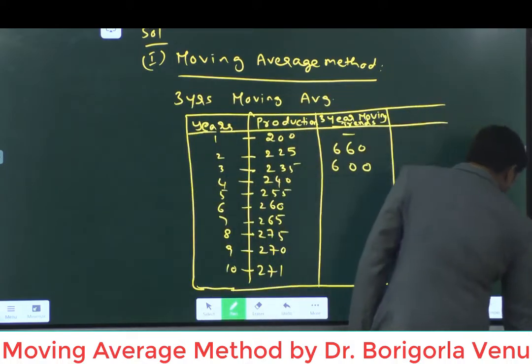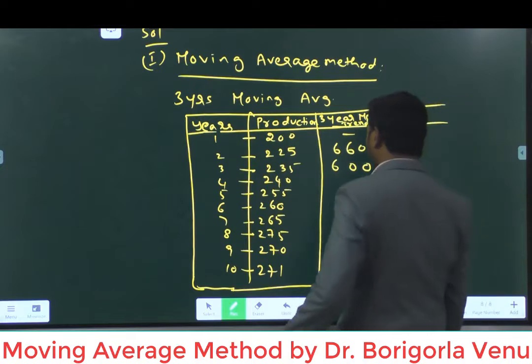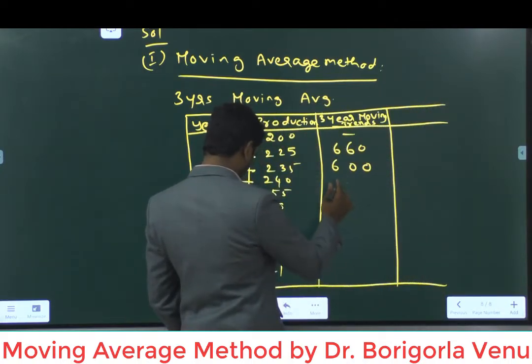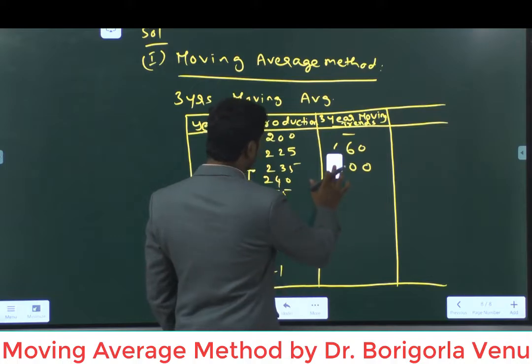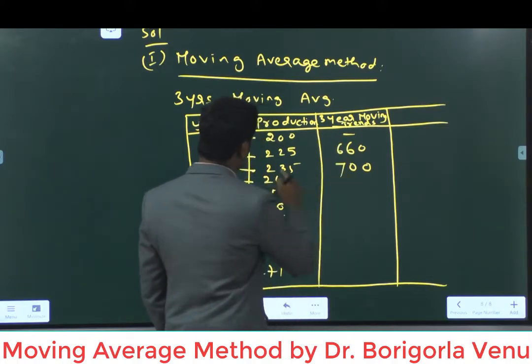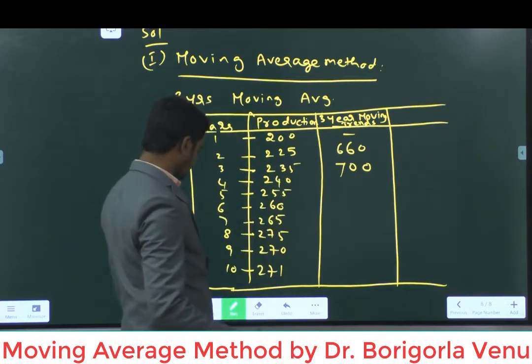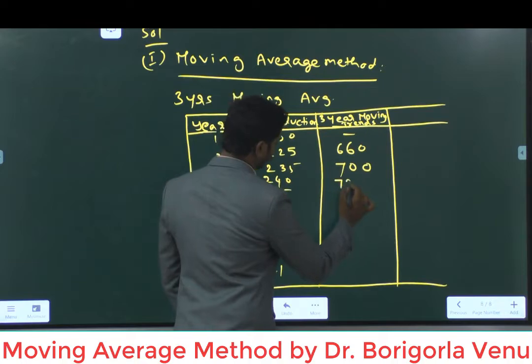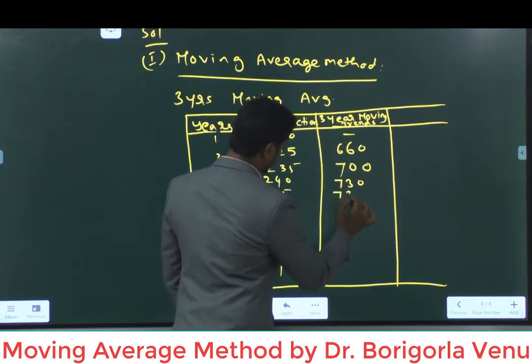Like that we take all the year values. I think this is not 600, it is 660, and 700. Next here we get 730, 735.